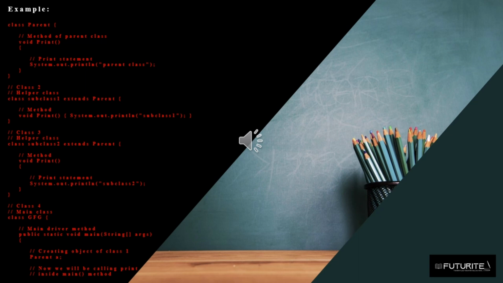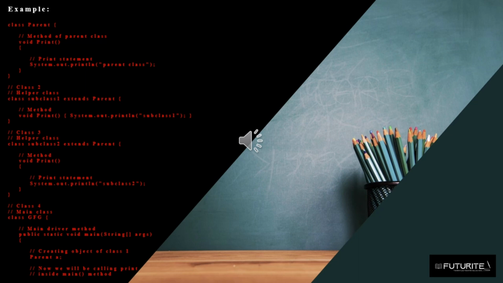Unless you use the new keyword, the object is actually not created, because once you use the new keyword, you are calling the constructor, which creates the object for the class. So here the Parent class reference is A, but you are using that A object as an object of Subclass 1.